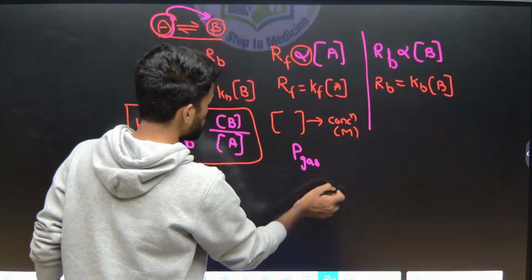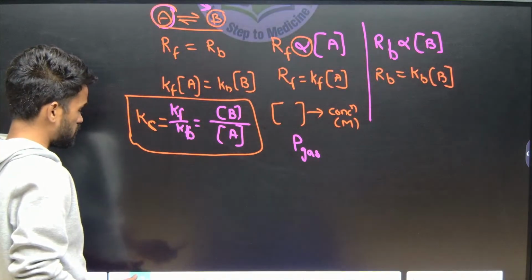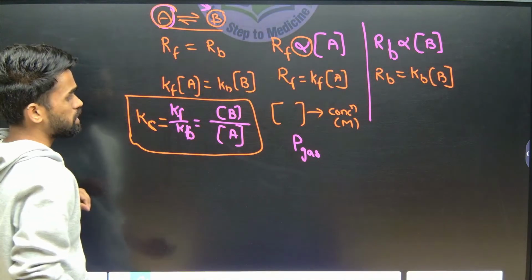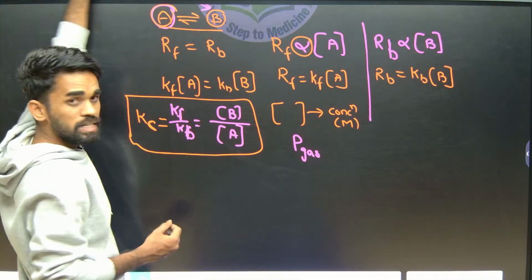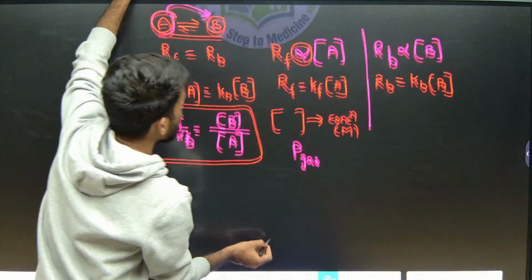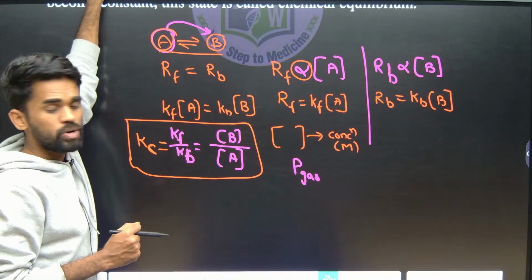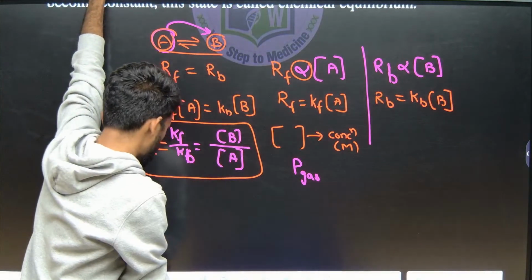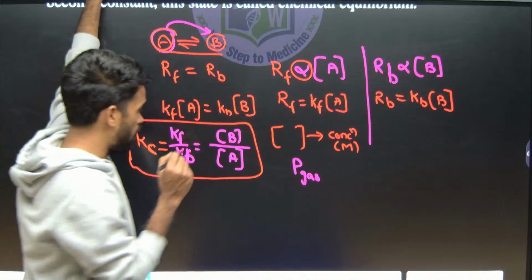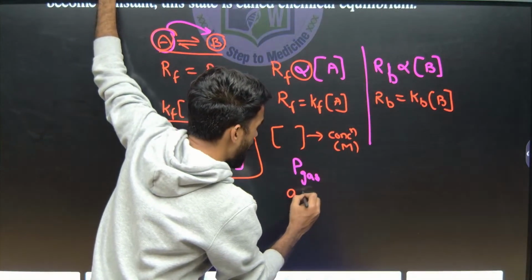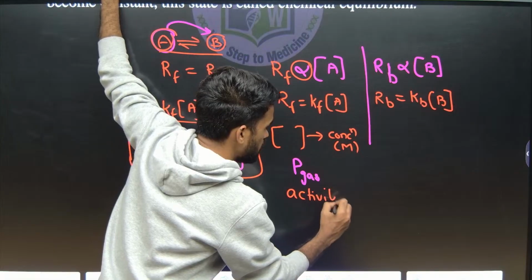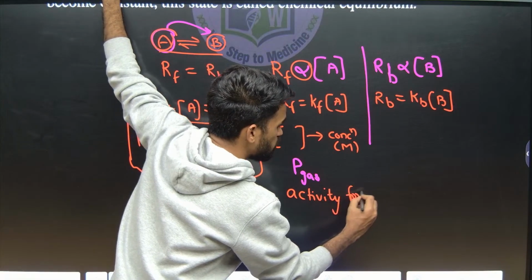Now if I want to express this for solids, what happens to the solids? If any reactant or product is in solid form, then their concentration, or in perfect terminology their activity, for solids will be 1.